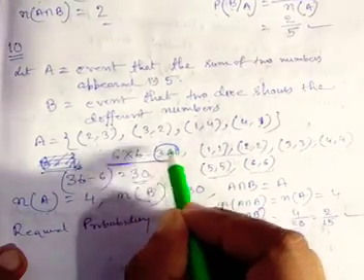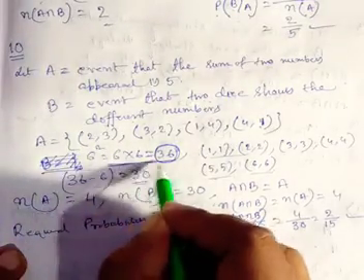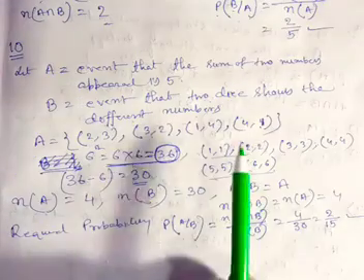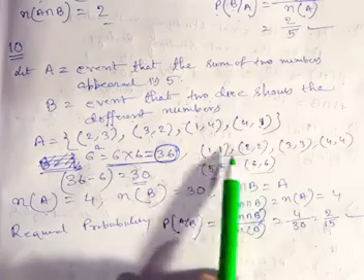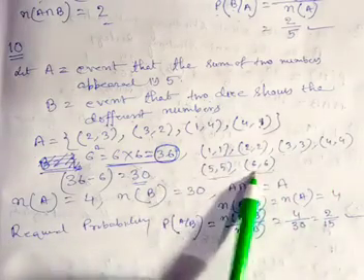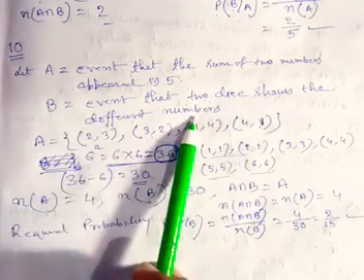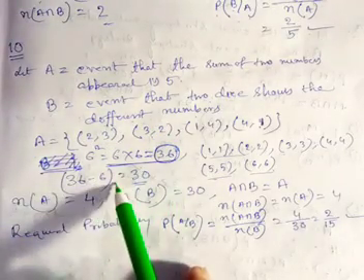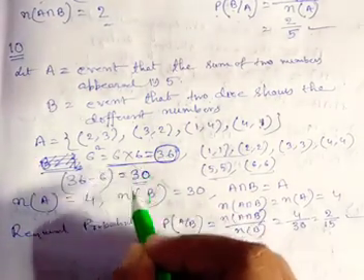That we have to remember, 6 cross 6, 6 square, that is equal to 36. Now from that, if we take these pairs, the numbers are the same: 11, 22, 33, 44, 55 and 66. B is the event that the dice show different numbers. Now the different-number case should be 36 minus 6, that is equal to how much? 30 cases where different numbers are shown.